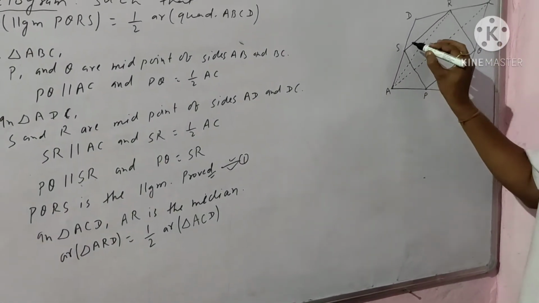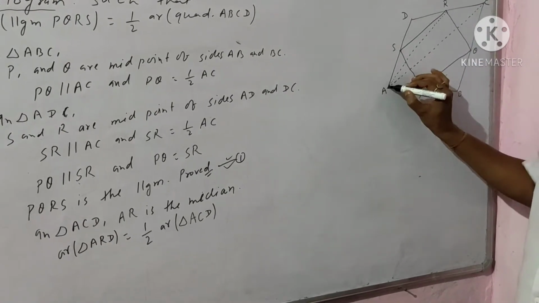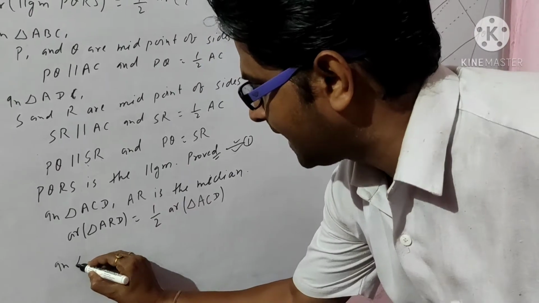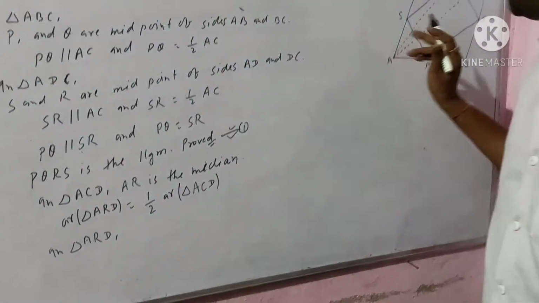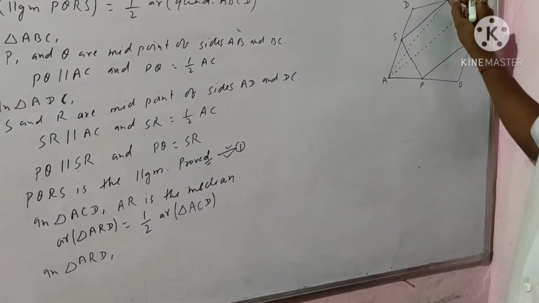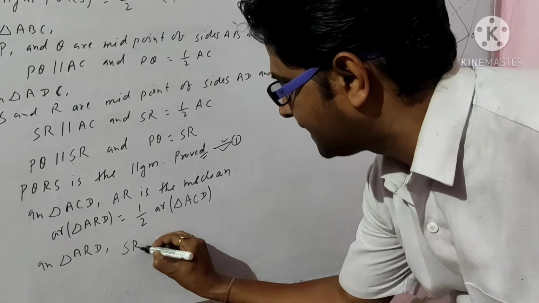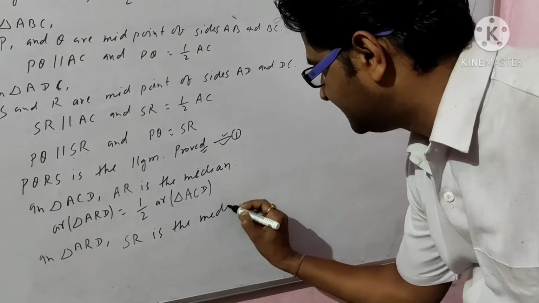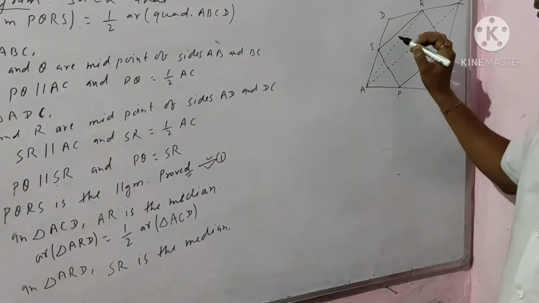Okay student, and second thing, SR is also the median of triangle ARD. In triangle ARD, SR is the median. So again, student, a median divides the triangle in two equal parts.